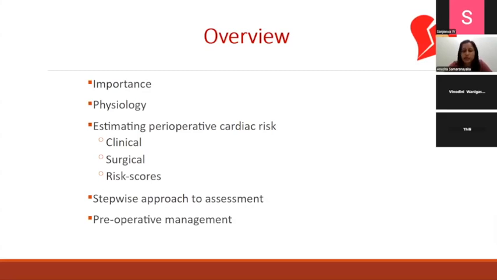And depending on those factors, using risk scores, how to calculate the estimated cardiovascular risk, and then a stepwise approach using flow charts according to the guidelines on how to approach a patient with a cardiac condition coming for a surgery, and then guideline-based perioperative management as well. So those are the things I'm going to discuss today.